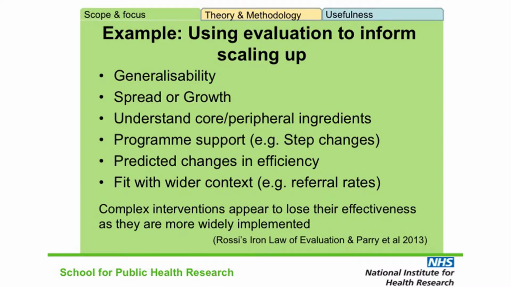You need to look at predicted changes in efficiency as the size and spread increases, and the fit with the wider context. So if you have a service that relies on specific referral rates, as the program spreads, are the referral rates going to grow in line with that? So how does it fit in the wider context?